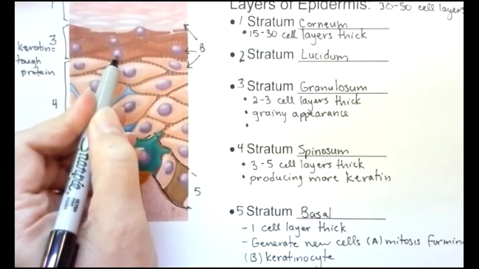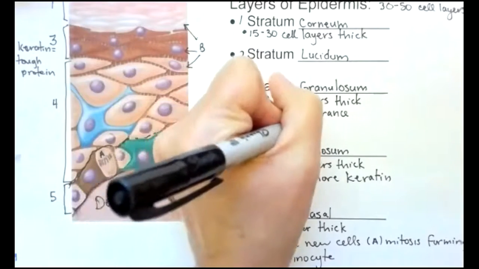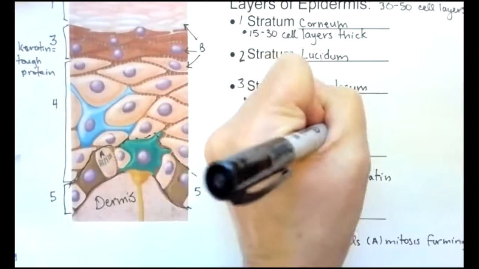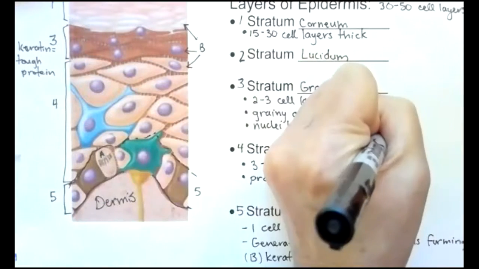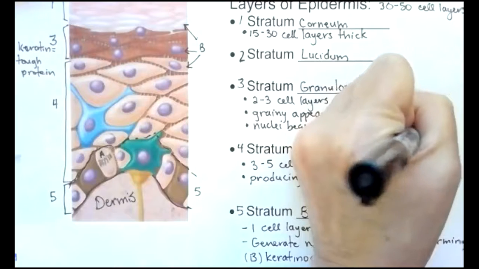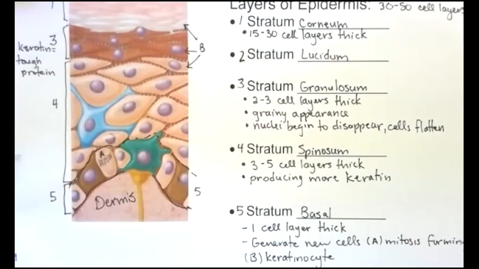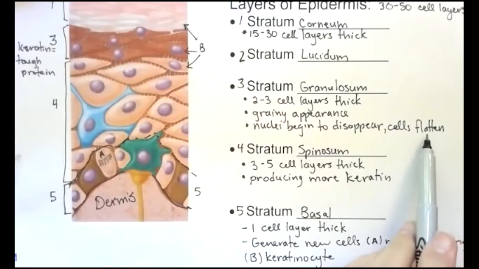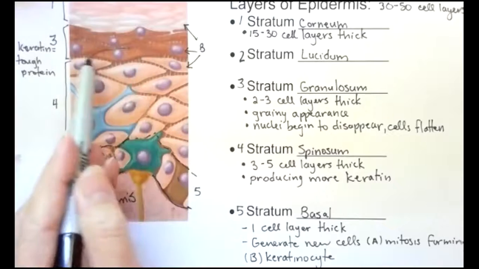The nuclei begin to disappear, and the cells begin to flatten. And we're going to rewrite the name of this tissue type, keratinized stratified squamous epithelium. But squamous means flat, scale-like. And so they start to take on this very flat, scale-like appearance.